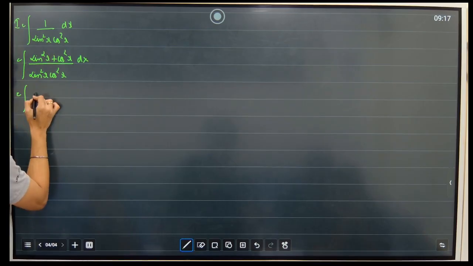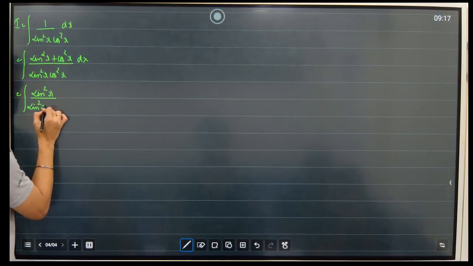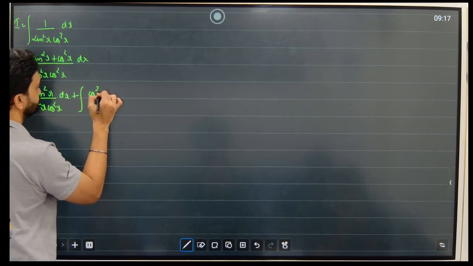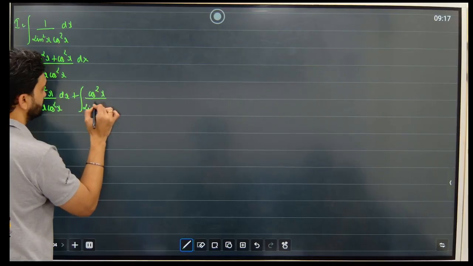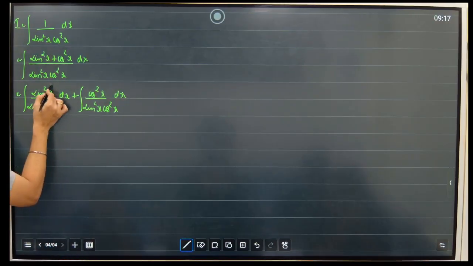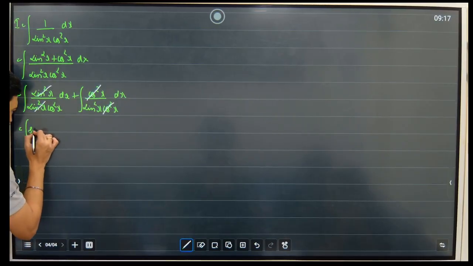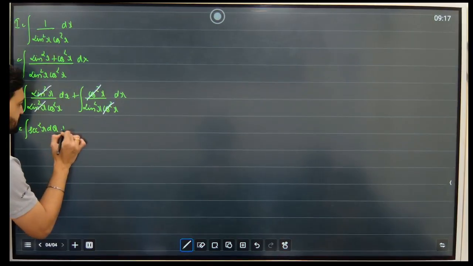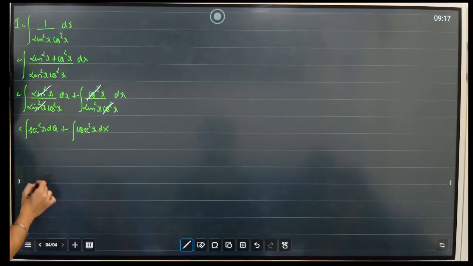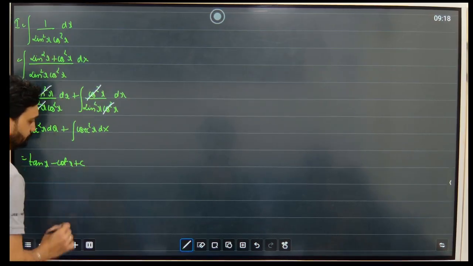If I split it, sine square x upon sine square x cos square x dx plus integration cos square x upon sine square x cos square x dx. Sine square x cancels, cos square x cancels, 1 upon cos square x is integration sec square x dx plus integration cosec square x dx. Integration of sec square x is tan x, cosec square x is minus cot x plus c.